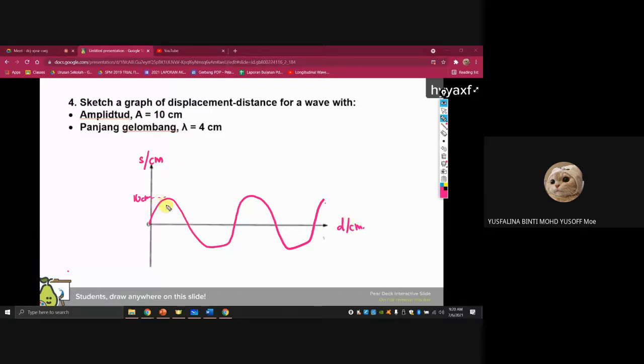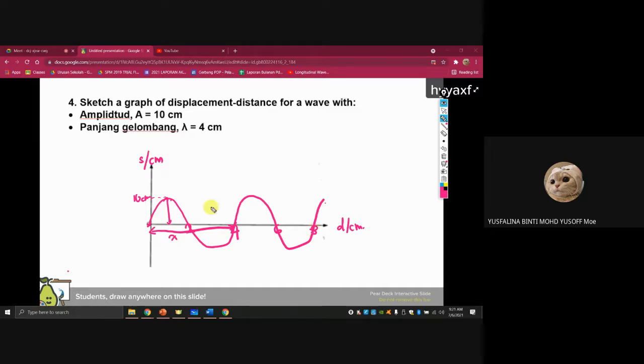The amplitude is 10 cm and the wavelength is 4 cm. If you start from the equilibrium, from this one to this one we call one lambda, so here should be 4. Then 2, 4, 6, 8. Two semicircles is one lambda.